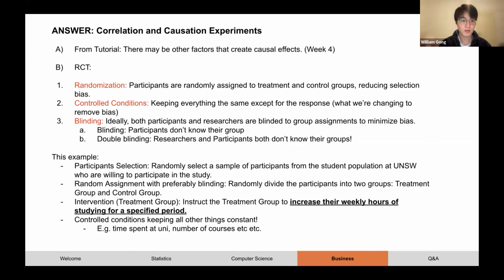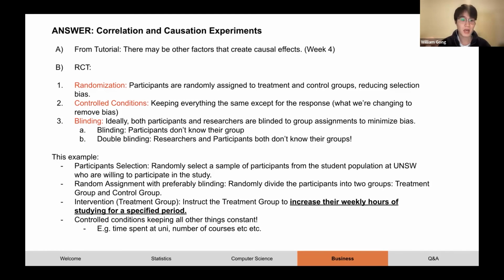Controlled conditions is when we keep everything constant and change only what we're trying to investigate. Blinding is another addition onto RCTs, where we can allow single blinding, where participants don't know their group, or double blinding, where researchers and participants both don't know their groups.